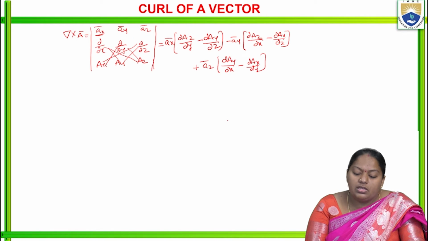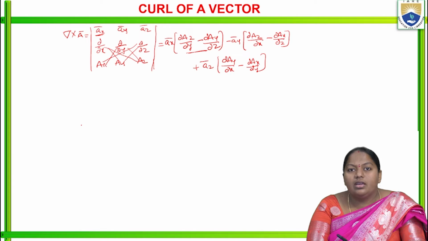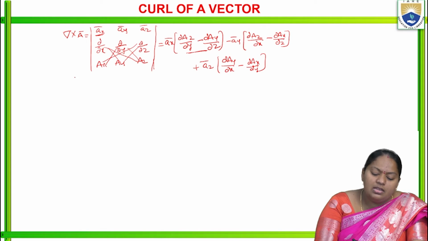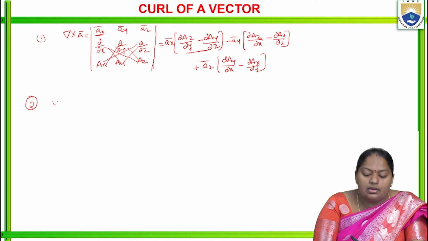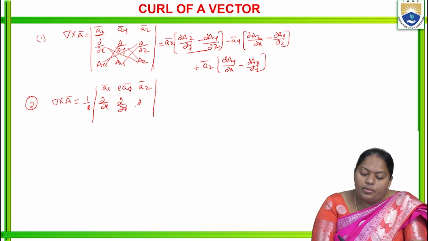This is the way we can extend. If you observe the final result after expanding this equation, del cross A, the curl of a vector A, yields a vector quantity. Similarly, for the second case, the cylindrical case, del cross A bar is equal to 1 by rho times the determinant of a rho, rho a phi, and az, then dou by dou rho, dou by dou phi, and dou by dou z.